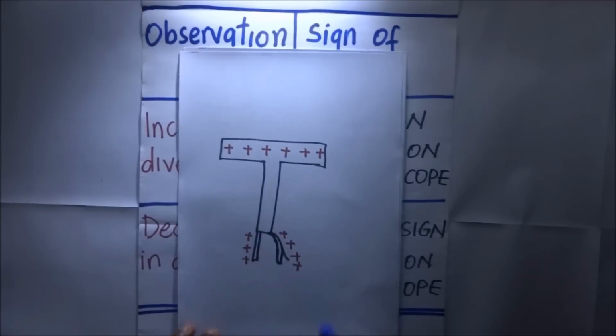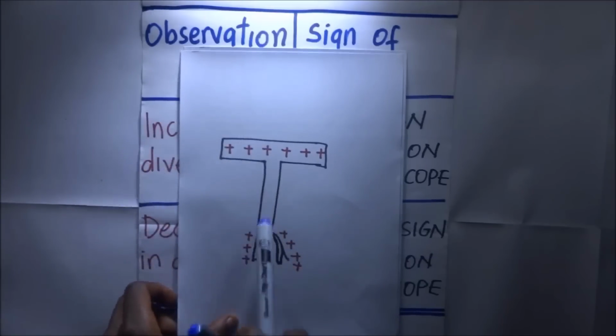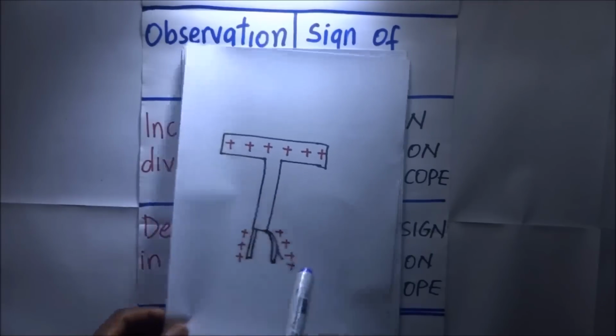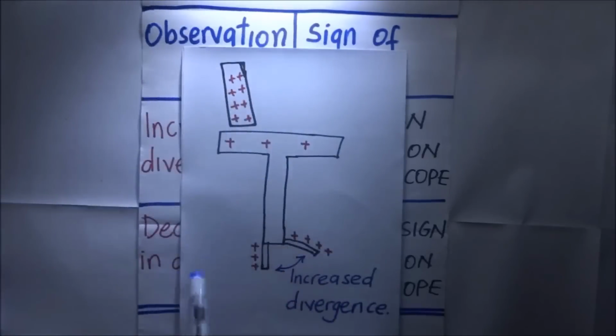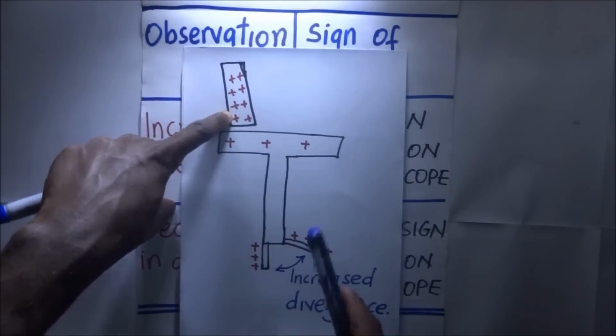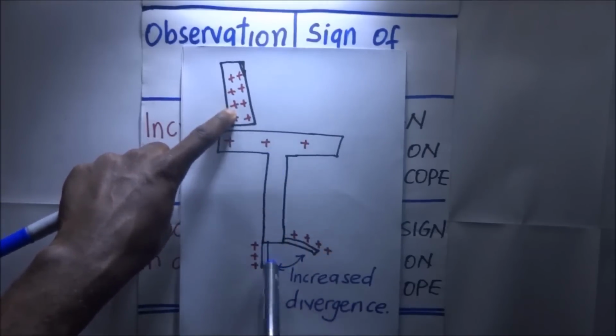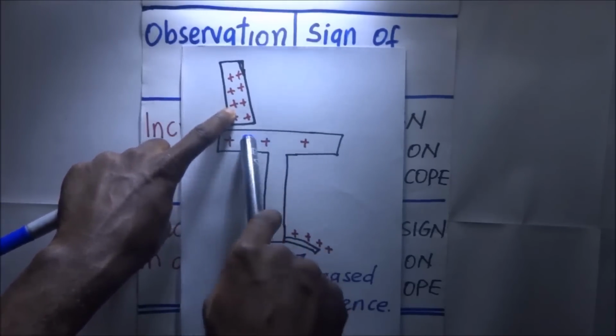This is a positively charged gold leaf electroscope. Now, let us introduce a body on top, near the cap of this gold leaf electroscope: a positively charged body. What will happen? Because this is a positively charged body, it is going to attract negative charges from down here up there.